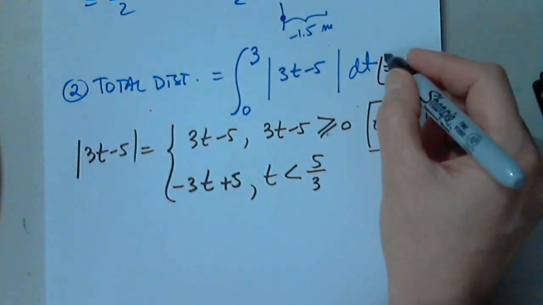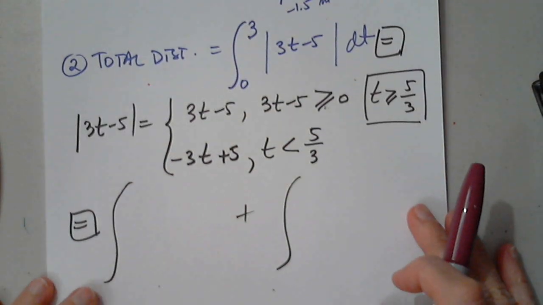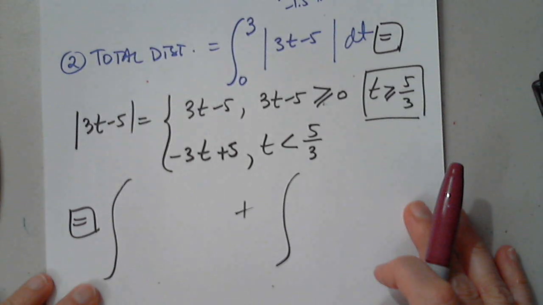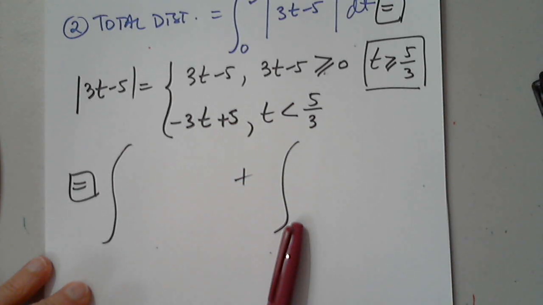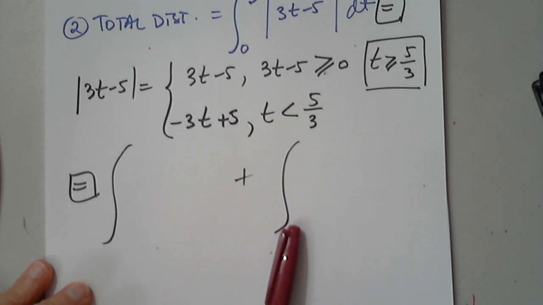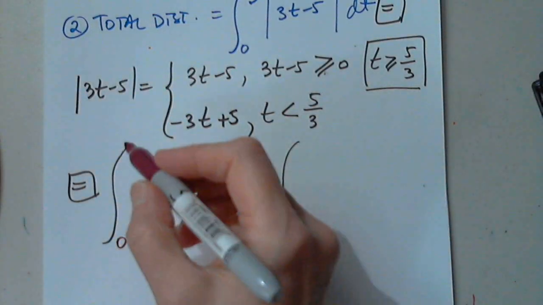Good. So then my integral is a sum of 2 integrals. Which integrals? 0 to 5 divided by 3.